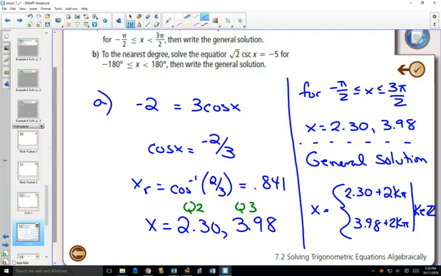So again, the general solution, you find your answers between 0 and 2 pi. Then to each of your answers, add 2k pi if you're dealing in radians, where k is an integer. And that's your general solution.